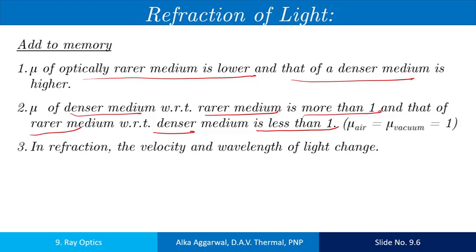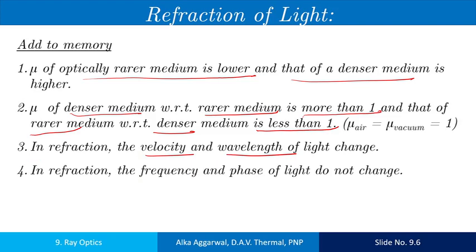In refraction, the velocity and the wavelength of the light change, but there is no change in the frequency and the phase of light. You know the relation v is equal to n lambda. Velocity changes, it means there is a change in the wavelength, but there is no change in the frequency of light.